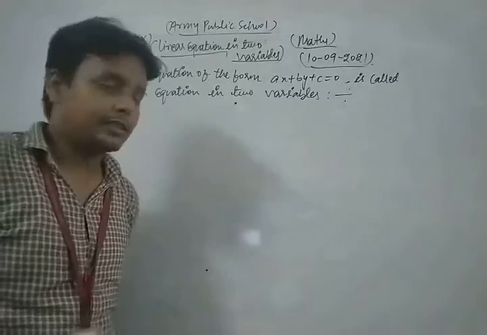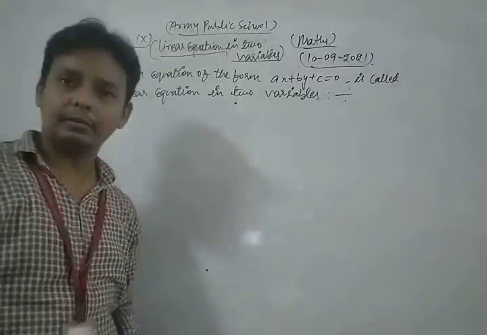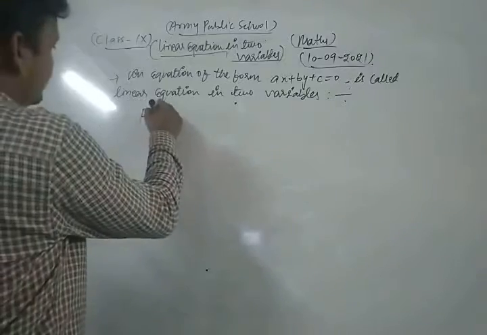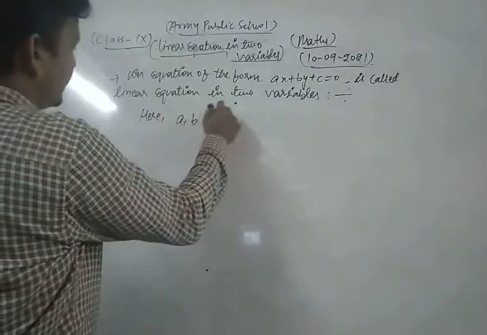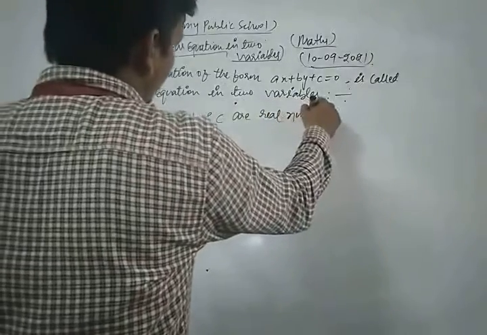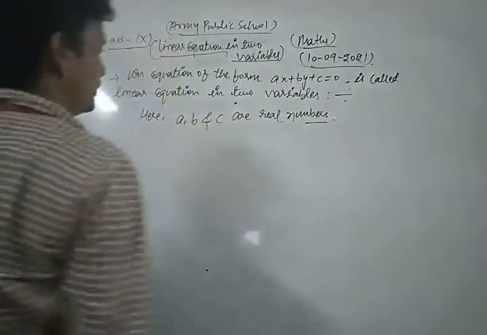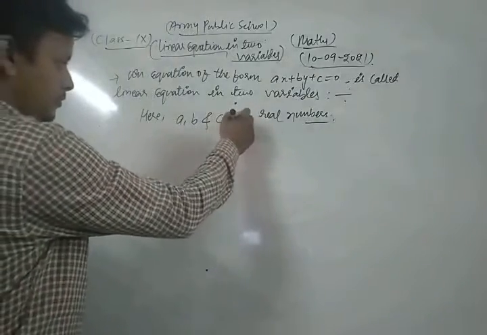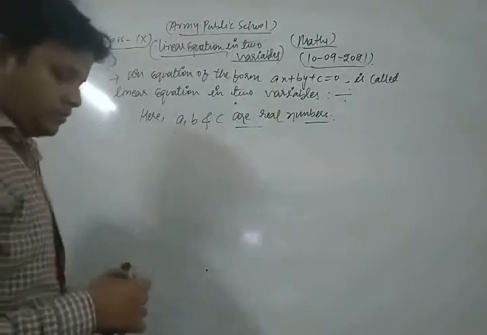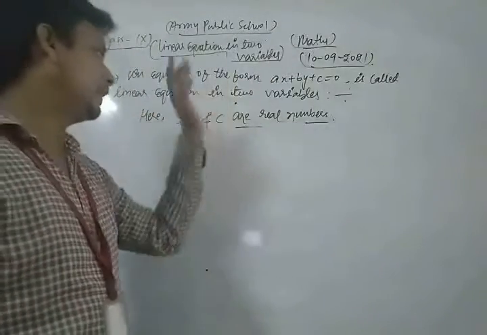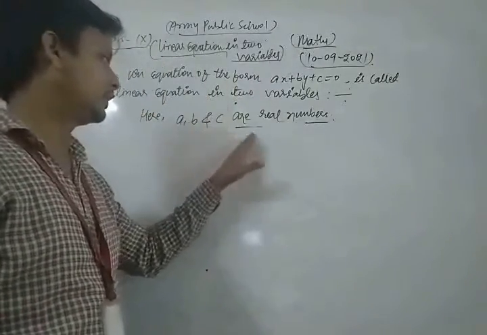It is said to be in two variables because here x and y are two variables, and here a, b and c are real numbers.